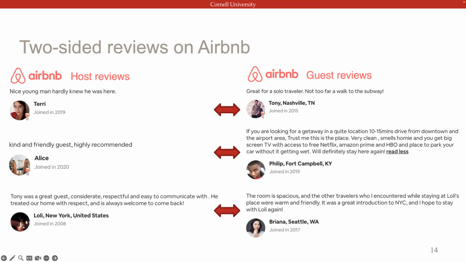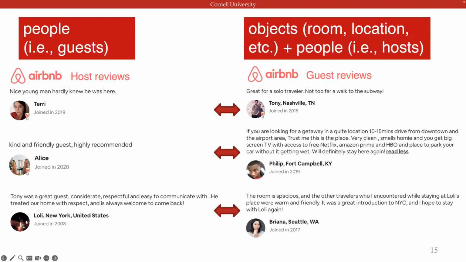That's exactly what I'm looking for. So guest reviews are about the facility, while host reviews are about people, individuals. So here, as you can see among guest reviews, although there is some component about people, the host, a large proportion of guest reviews is about the room, the property, the location, the amenities, etc. But for host reviews of guests, there is no entity except for people, the customers, the guests, the consumers.